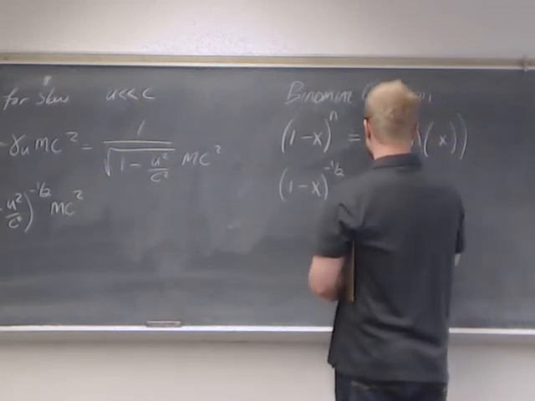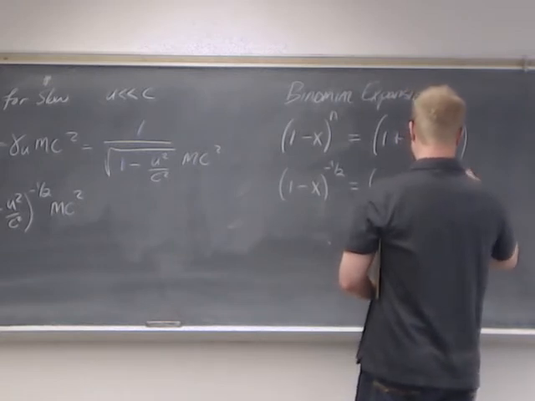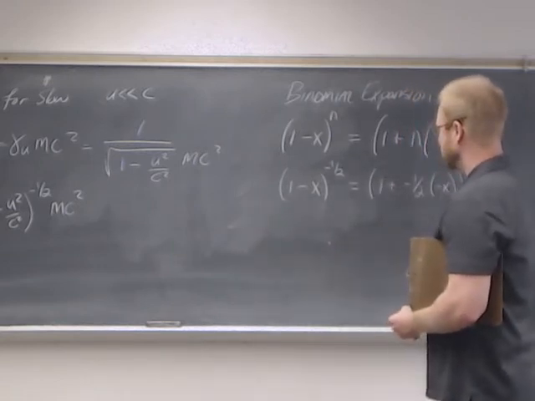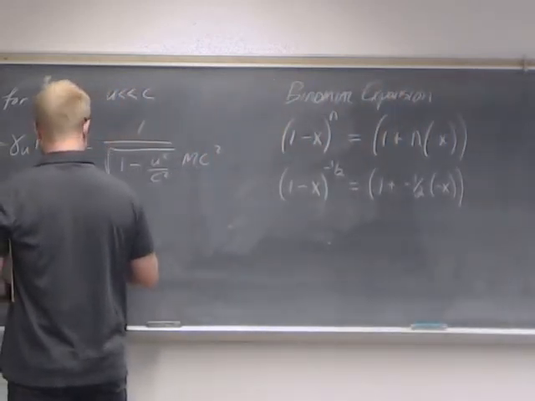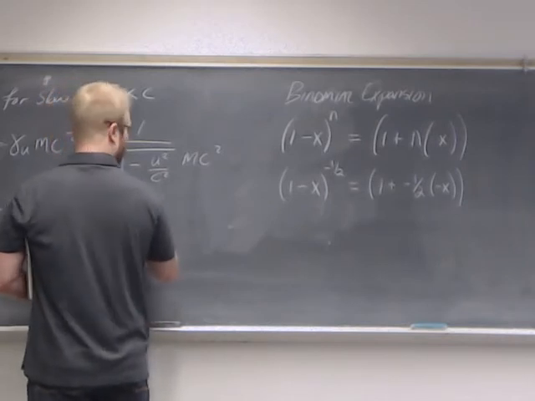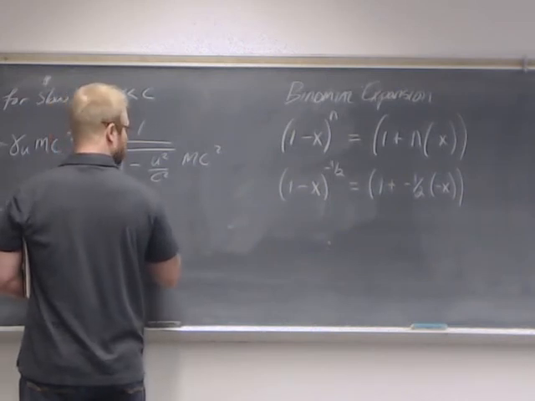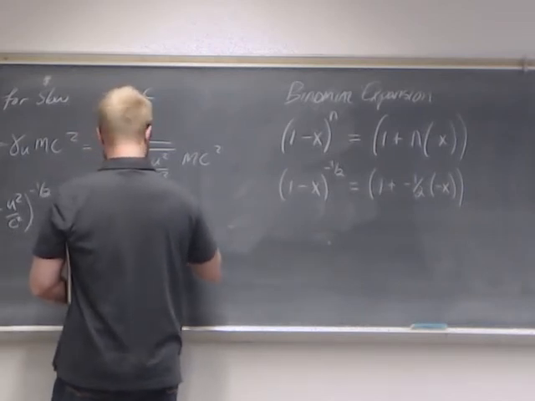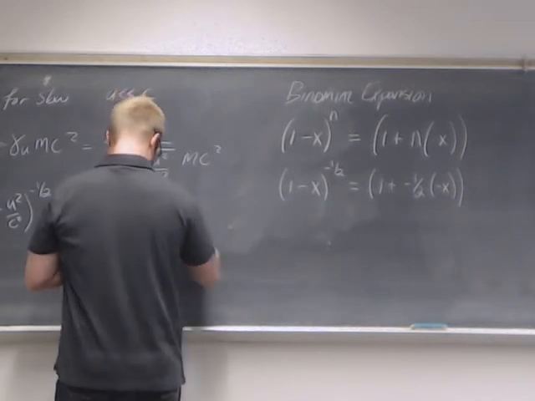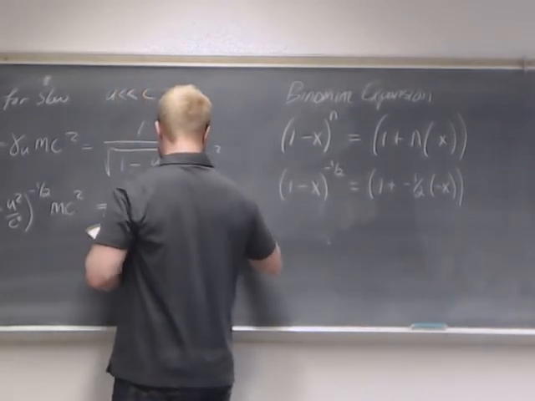So this is going to be equal to 1 plus a negative 1/2 times a negative x. So if we plug all of that in back over here, I can rewrite this now as 1 plus 1/2 u squared over c squared, times mc squared.